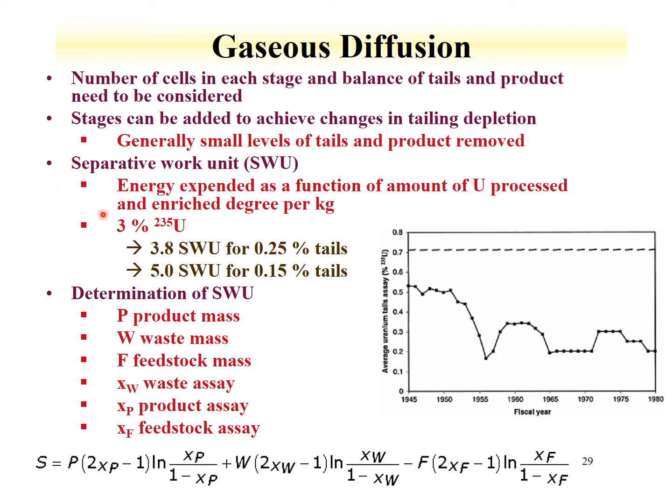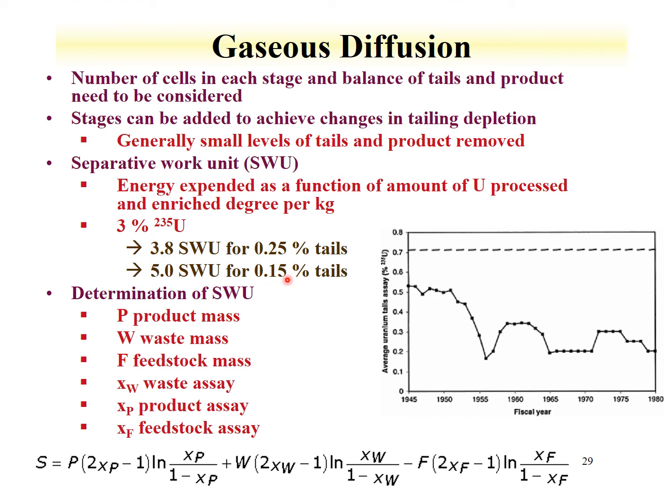A unit that's used to evaluate the relative energy for enrichment is called the separative work unit. It's the energy expended as a function of amount of uranium processed and enriched to a degree per kilogram. So for instance, if I want to get to 3% uranium-235, and I have tails that are 0.25%, I would need 3.8 separative work units.